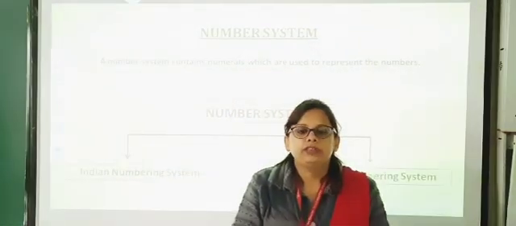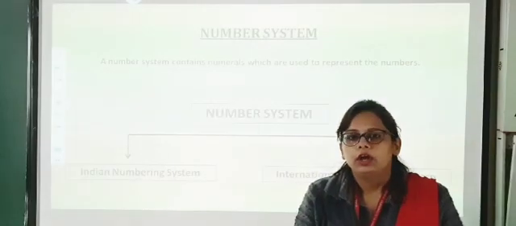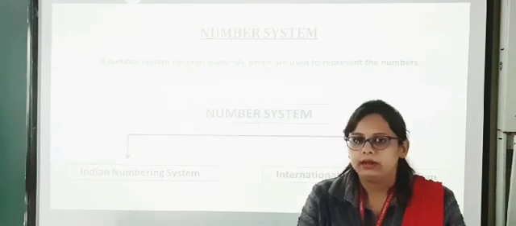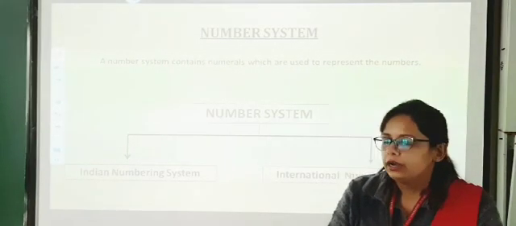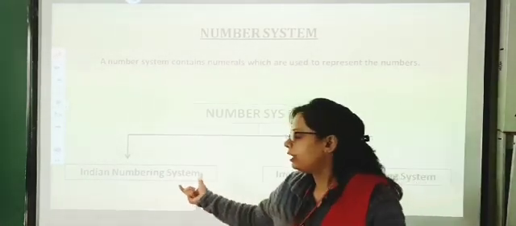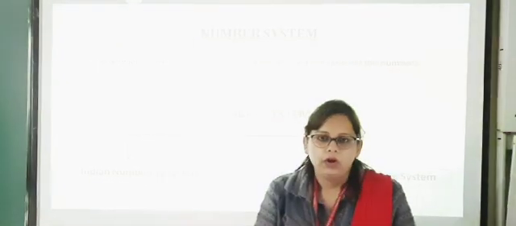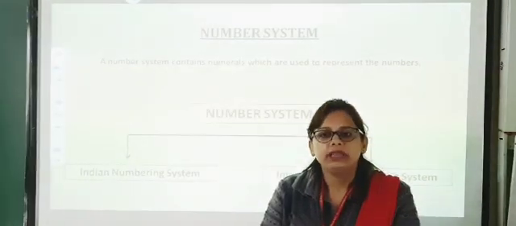Different countries use different number systems, and in mathematics numbers are used for comparison, for measurement and for counting. So children, there are two types of number system, that are the Indian numbering system and the international numbering system. In today's class we will discuss only the Indian number system.